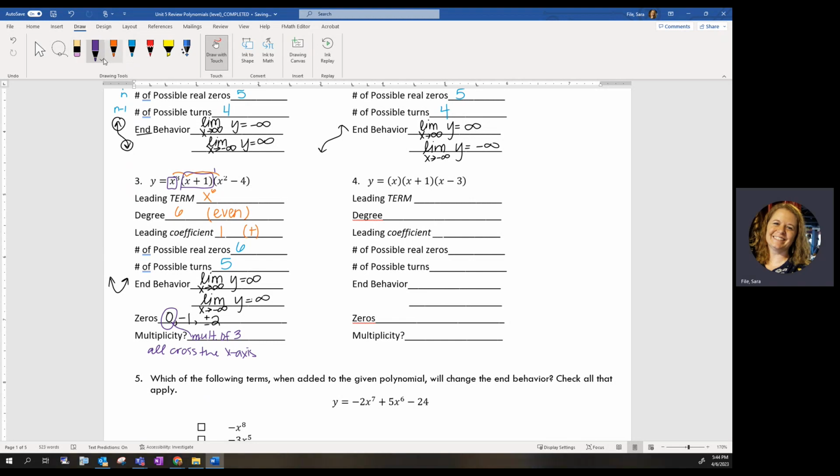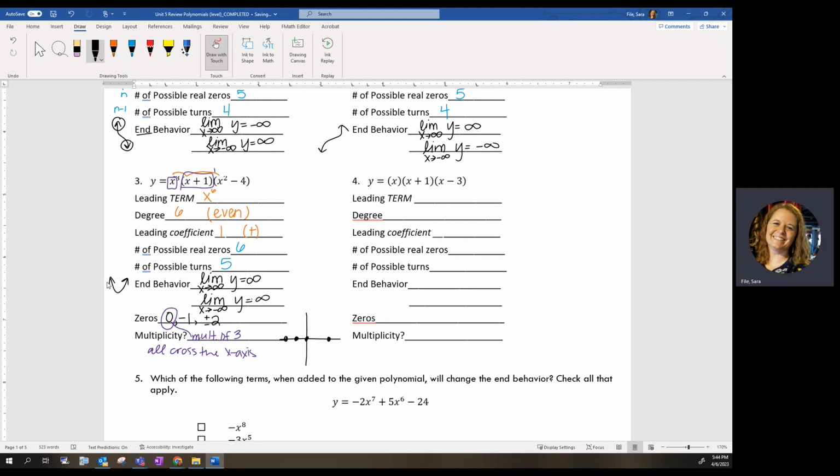So if I was asked to sketch this, which I wasn't, this might help you visualize that multiplicity rule. I have a 0 at 0, at -1, at -2, and at +2. So those are my 4 zeros.